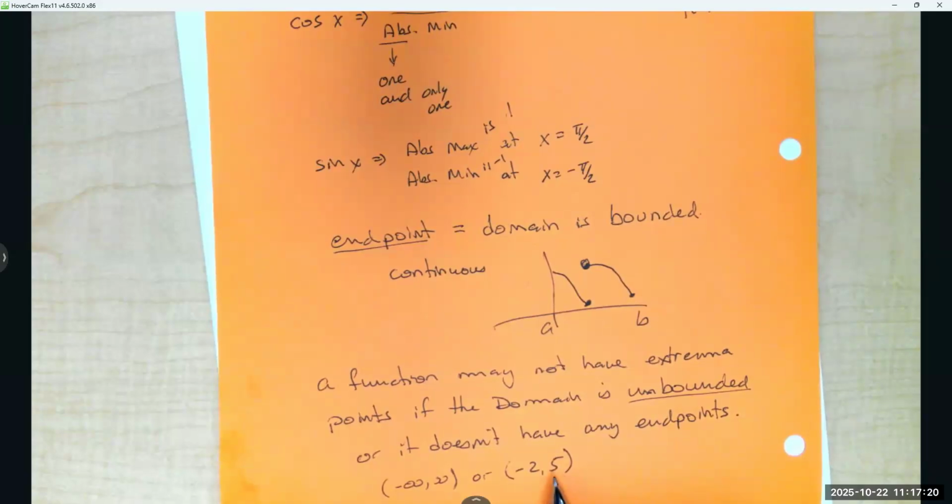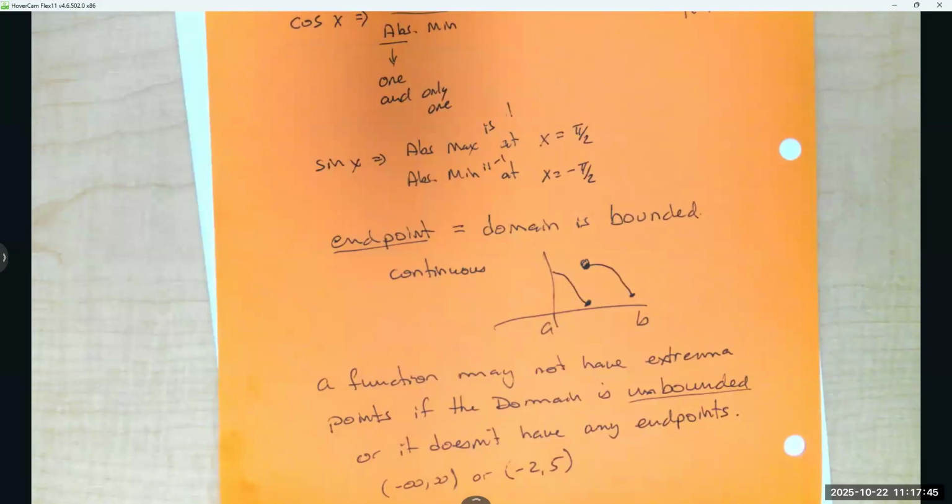Can we get to 5 in this interval, this domain? Can we get to the number 5? No, because it's not included. What's the biggest number we can get to in this interval? Can we do 4.1? We can do 4.99999.